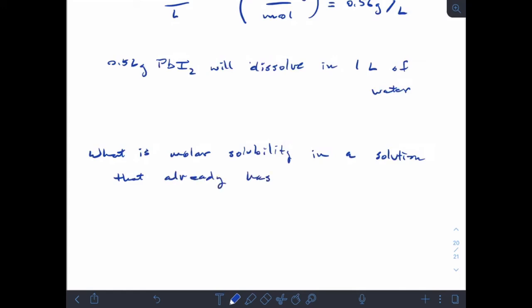Already has, let's say, 0.1 molar iodine. Okay, and what we're going to find is that the molar solubility changes when we have something already there. And in this case, we're looking at common ion effect.